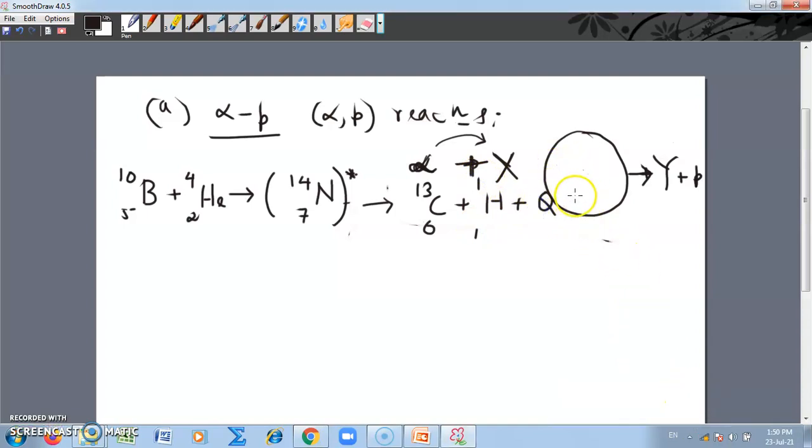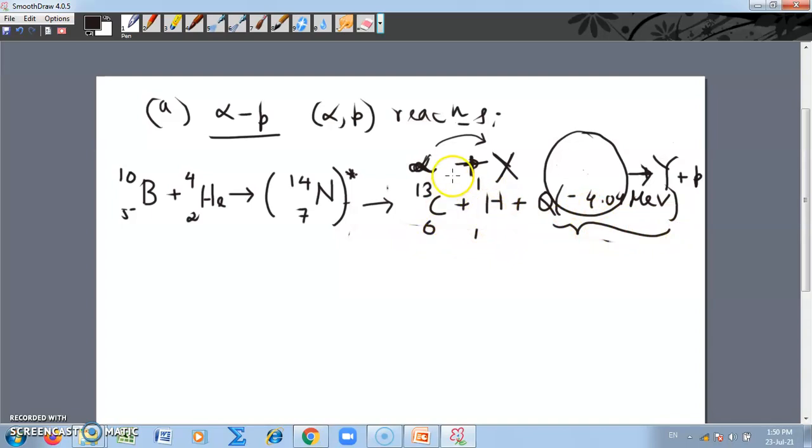In this case, this energy is equal to 4.04 MeV, and you really don't have to calculate this. You don't have to memorize this. This can also be found by using the binding energy formula.